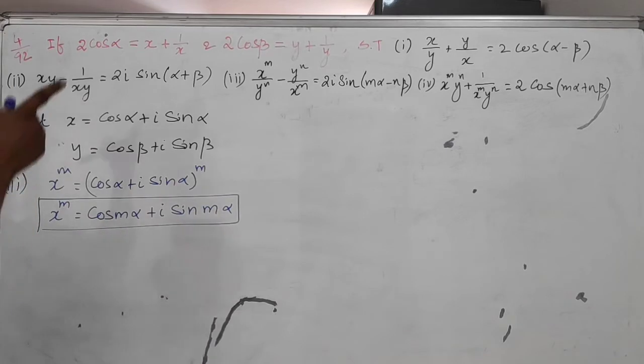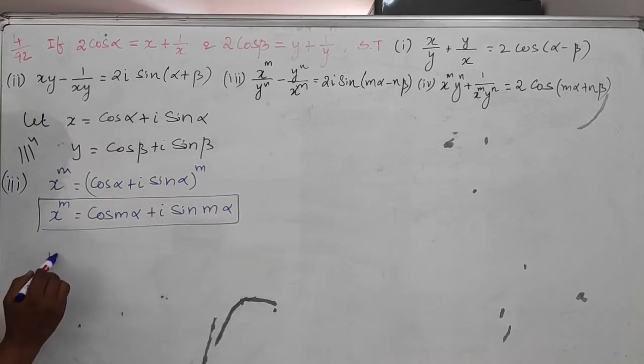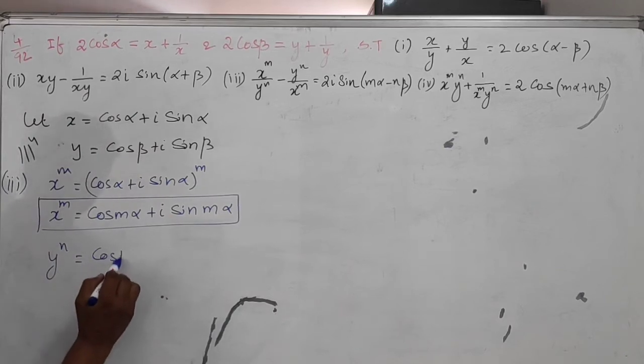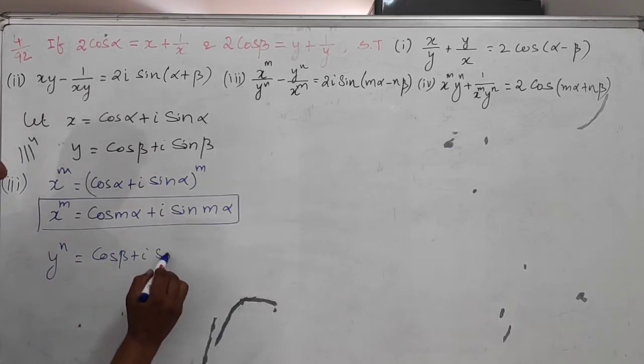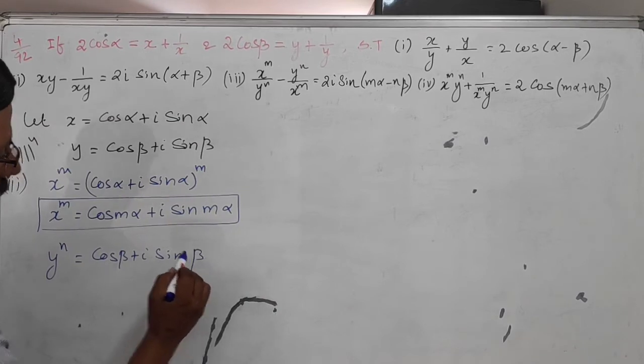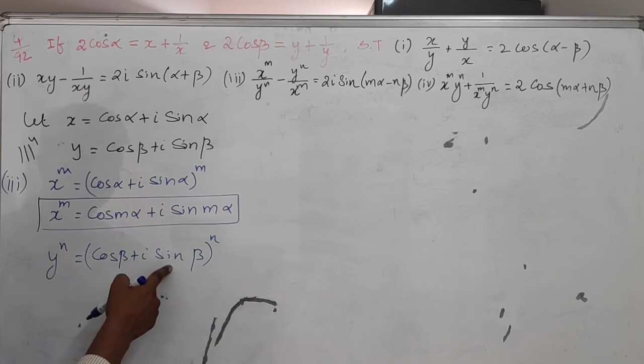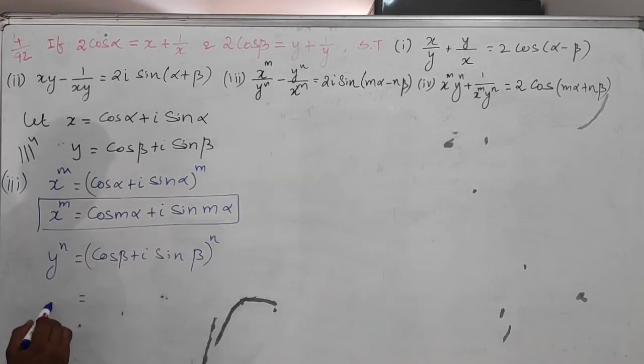Then we have to find y power n. That is, y power n is equal to cos beta plus i sin beta whole power n. Again, it is also in standard form, and you bring the n inside by using De Moivre's theorem.